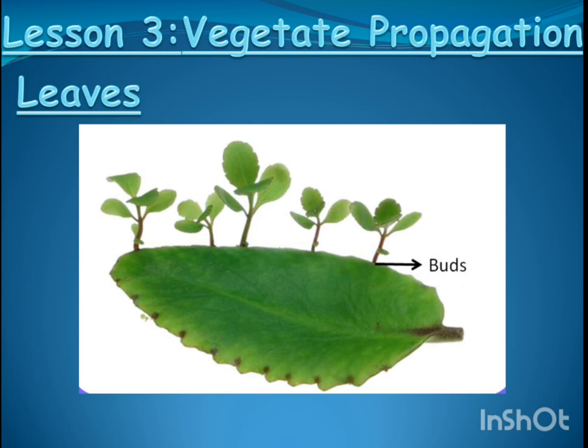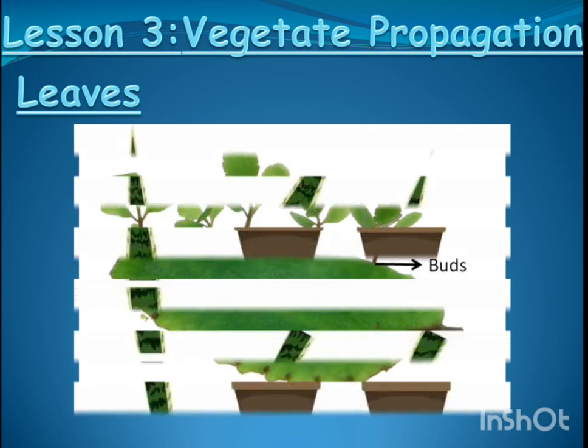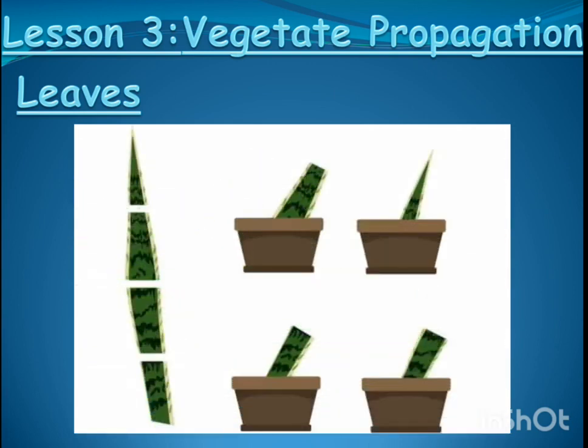There will be some small plantlets that grow at the edge of the leaf, and when they are cut and sown into the soil, they grow into a new plant. This is one way plants grow from the leaves. And the next one is, you can take any part of the leaf.